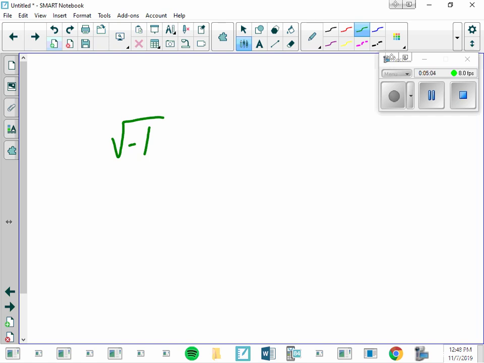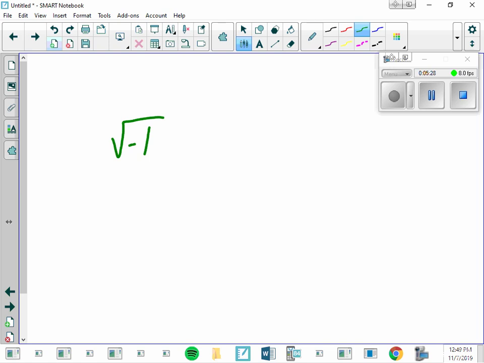Okay? So what that's asking is, what number times itself is -1? There isn't one. 1 times 1 is 1. -1 times itself is still 1. What about 1 times -1? It's not the same number, so it doesn't count.